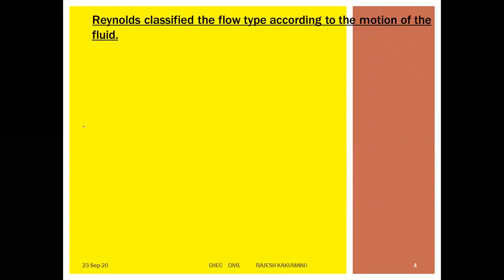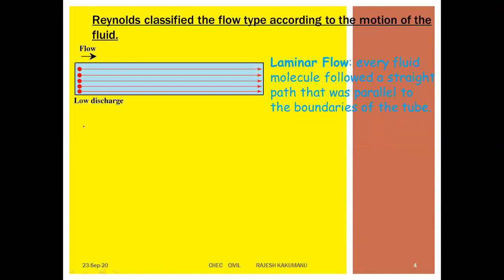Now, if you see the Reynolds classification according to the motion of fluid, we have 3 types of classification. Reynolds classified the type of flow according to the motion of the fluid.